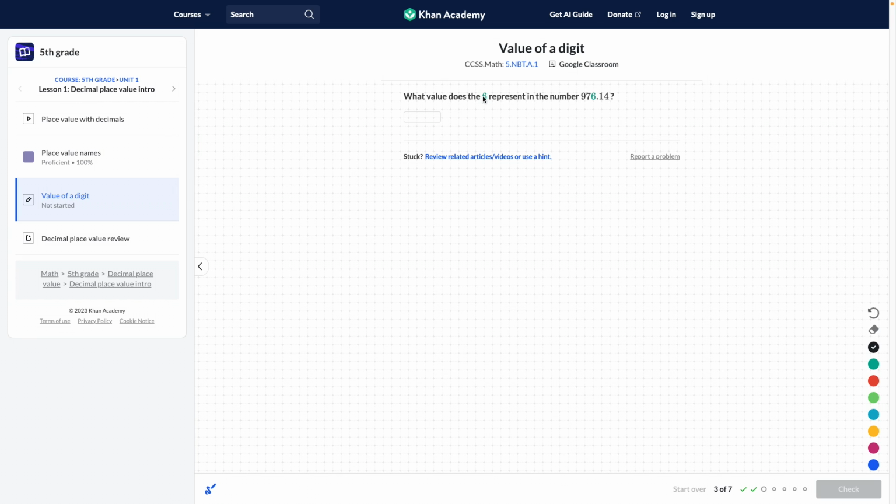Okay, what value does the 6 represent? So remember, read the question. We want to care about the 6 in the number 976.14. Okay, so this is then the tenths here, and this is then the hundredths here. So we don't care about them because that's not where the 6 is.